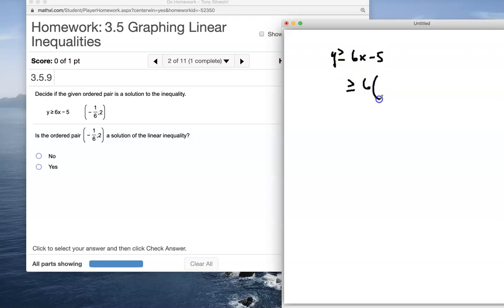6, and x is minus 1 over 6 minus 5, and that is supposed to be equal to the number 2. Y is 2.